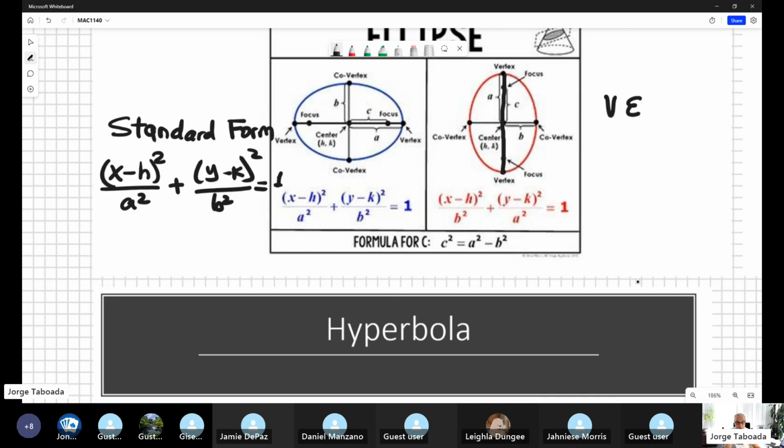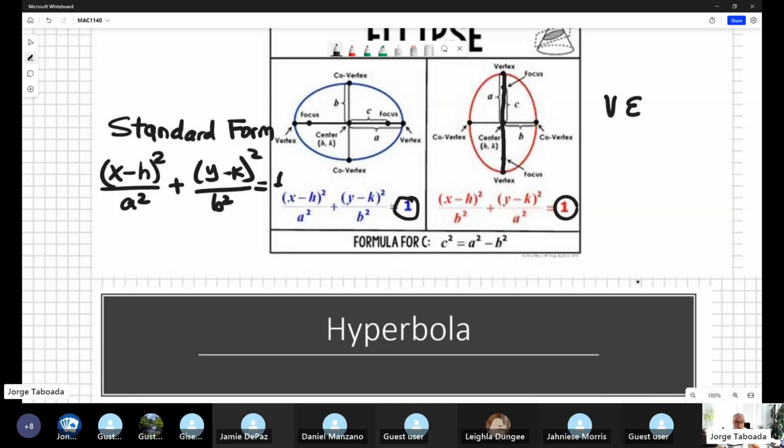Always I give you the problem in standard form. So identify who is h, who is k, who is a, who is b. And important, the right-hand side of the equation is 1. If it is not 1, I need to do something in order to express it using 1.